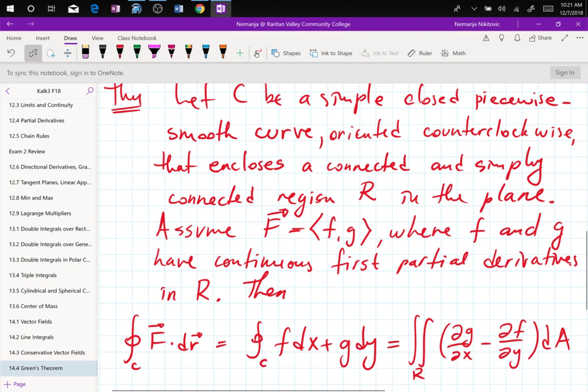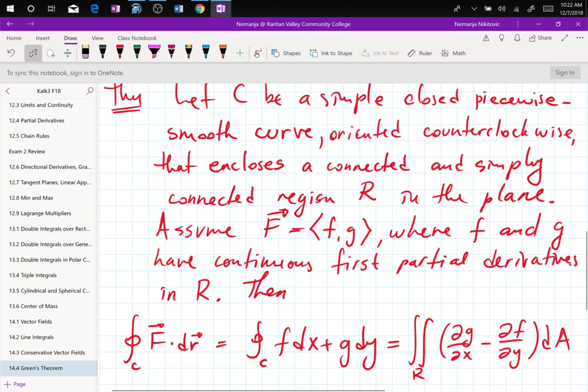You can't have that spilled to infinity. You can't do this over a parabola that just opens up forever, because you have to close it in order to get the number you want. It's immediately divergent, infinite, right? So you have to have a simple closed curve. It's not intersecting itself.